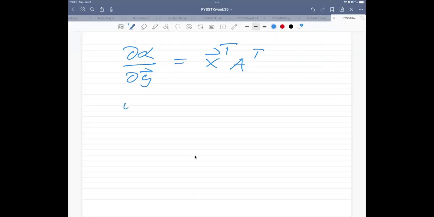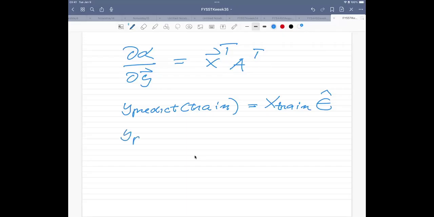So we produce a Y predict on the training data, which is simply X train multiplied with the optimal parameters. Then we have a Y predict on the test data, which was not included in training, which is simply X test, which was left out, times theta.